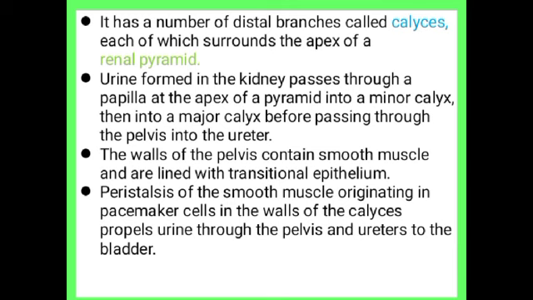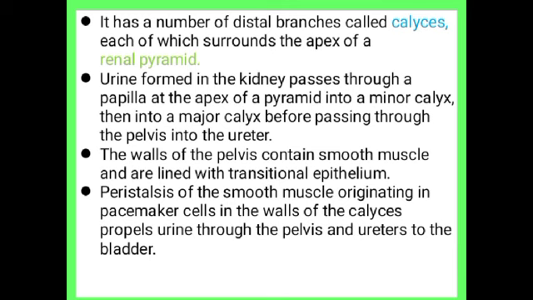These calyces converge and become the major calyces. When they become major calyces, they pass their urine into the renal pelvis and then to the ureters. When it's one, we call it a calyx, a major calyx or minor calyx.